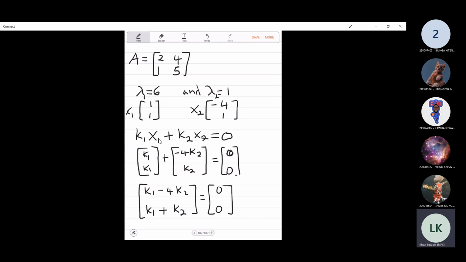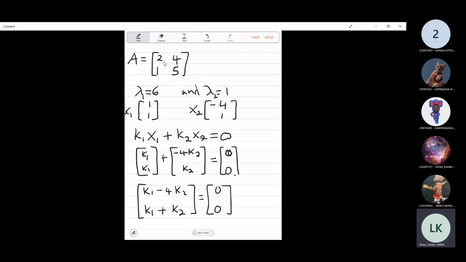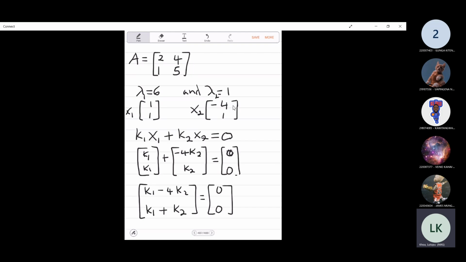And then this would lead to the system of linear equations, which is k1 - 4k2 is equal to 0, and then k1 plus k2 is equal to 0. So we want to show that these two eigenvectors are linearly independent. And the way we show that is by showing that this variable here is 0, and then that variable over there is equal to 0.